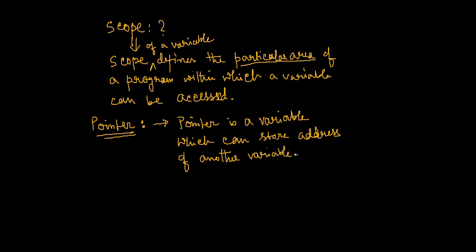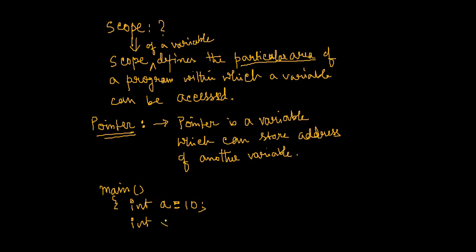Now, what is the benefit of using this? Let's see. Consider a simple main function, where I have a variable, say int A, whose value suppose is 10. And how to define a pointer?